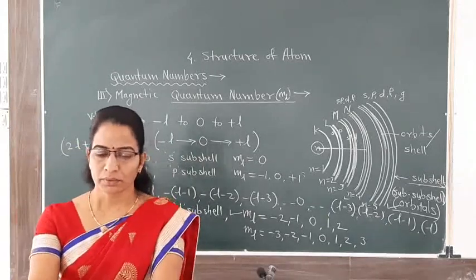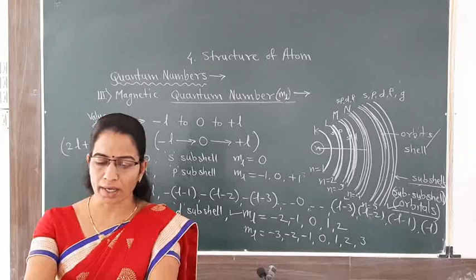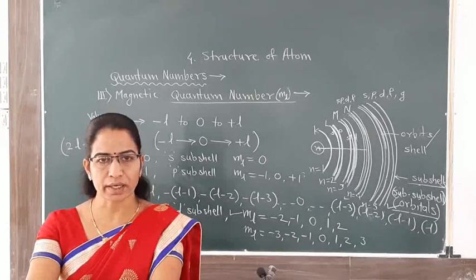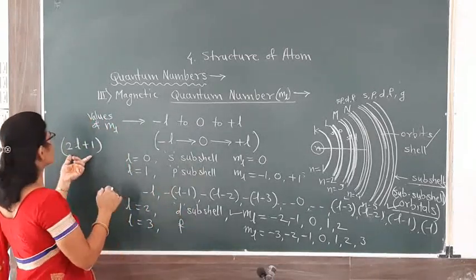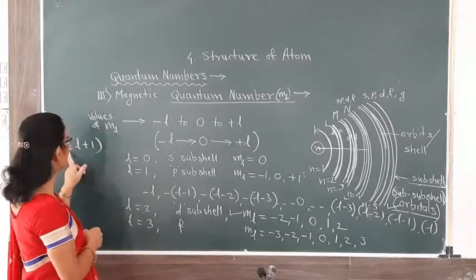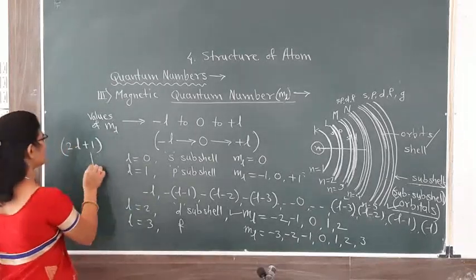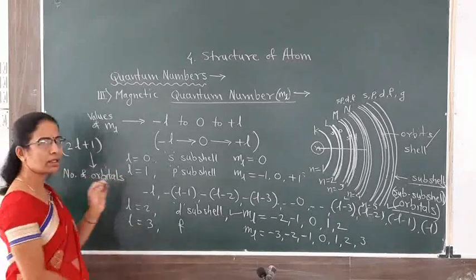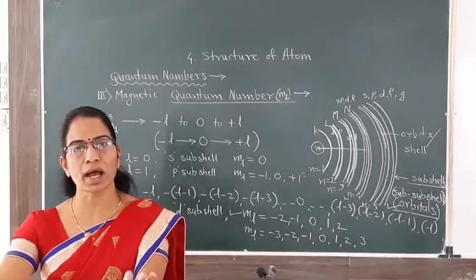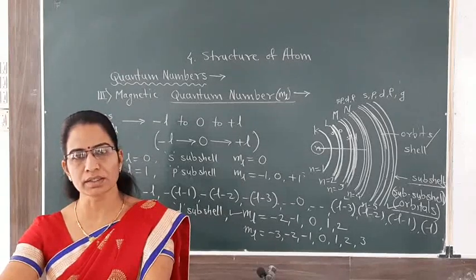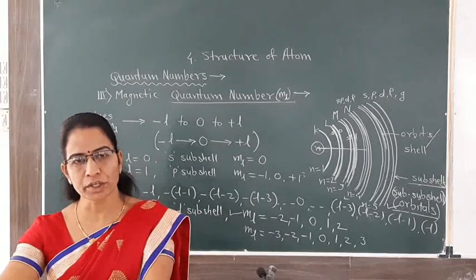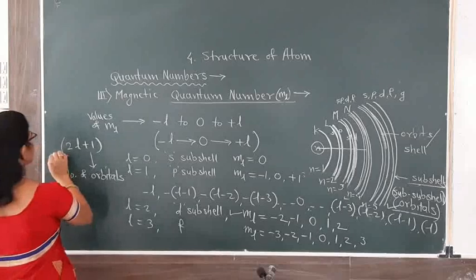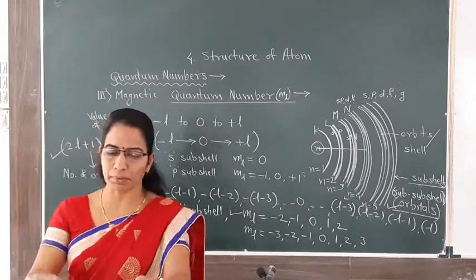In this manner, with the help of the magnetic quantum number, you get the orbitals which are present in a given subshell, and the number of orbitals is given by the formula 2L plus 1. Remember, the number of shells is given by n, the number of subshells is given as 0 to n minus 1, and the number of orbitals is given by 2L plus 1.